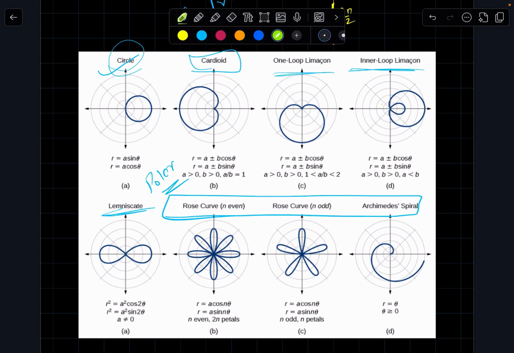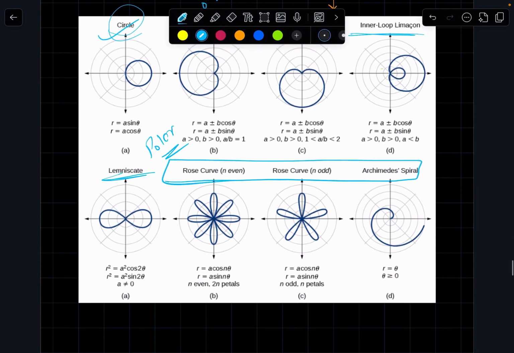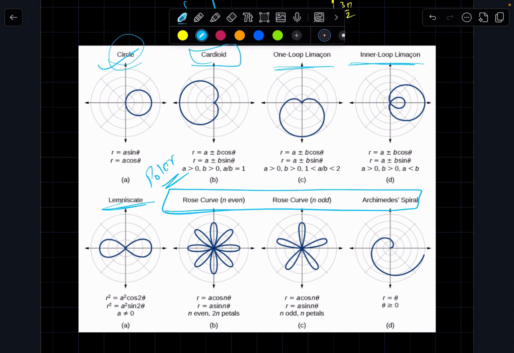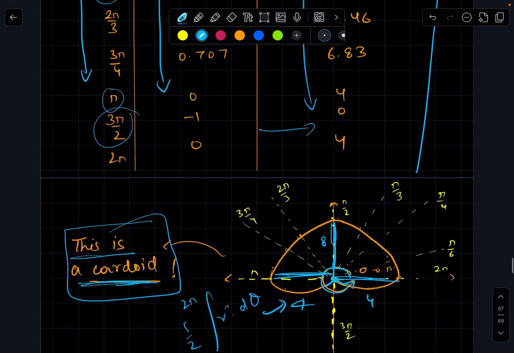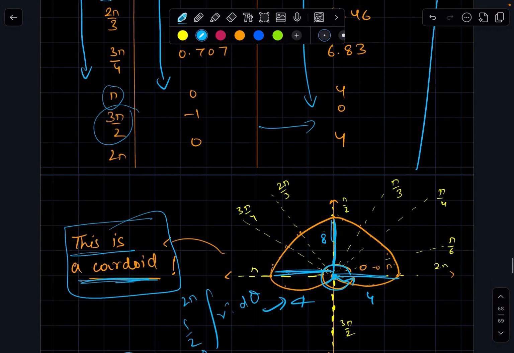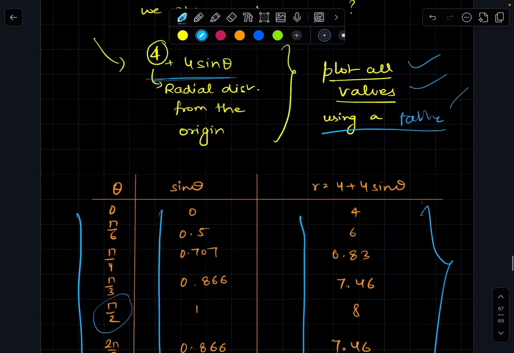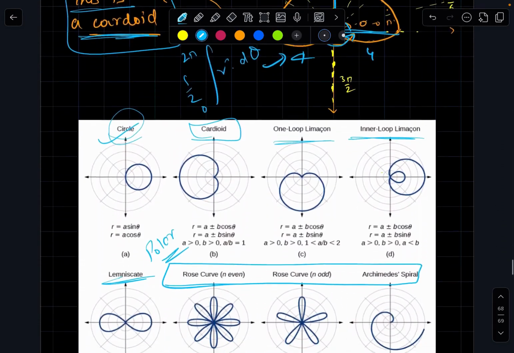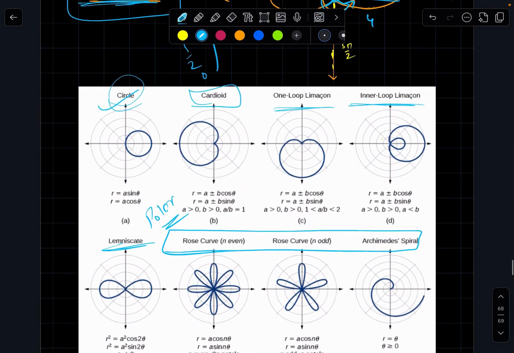Okay, so now you can always get a vague idea of the polar curve by seeing the equation itself. For example, right here, the equation was 4 plus 4 sine theta. That's a cardioid. But if you didn't know that it was a cardioid, how would you know? Well, your equation is of the form a plus minus b cos theta or a plus minus b sine theta.